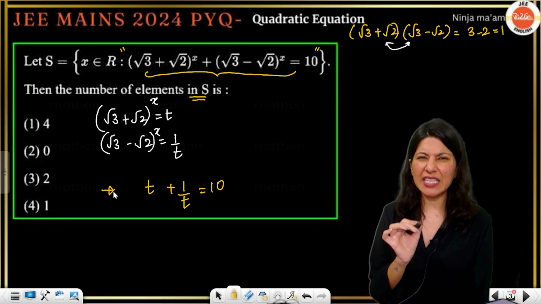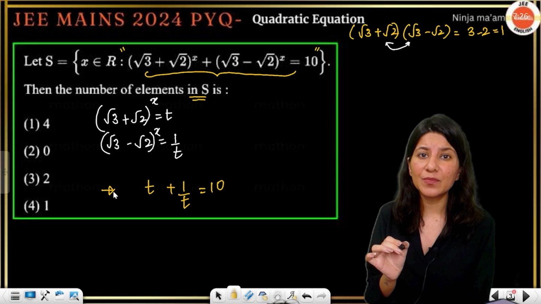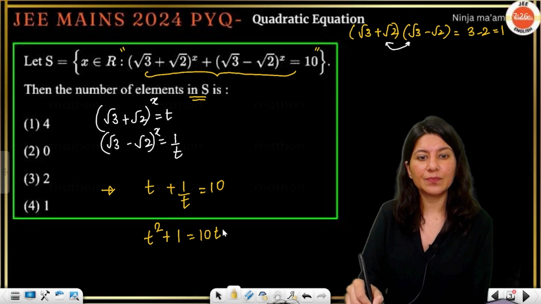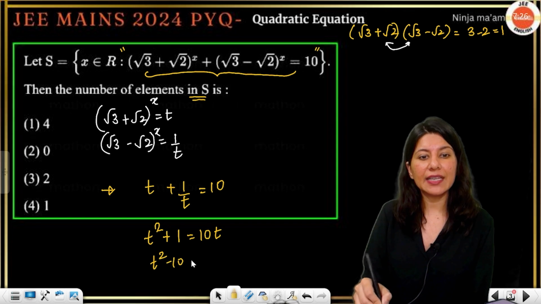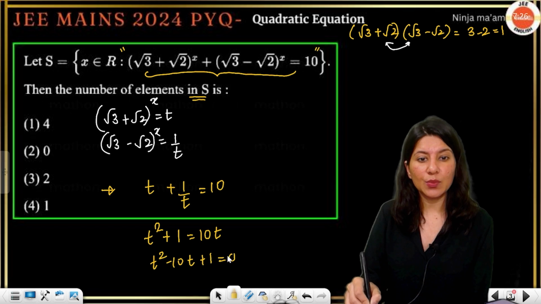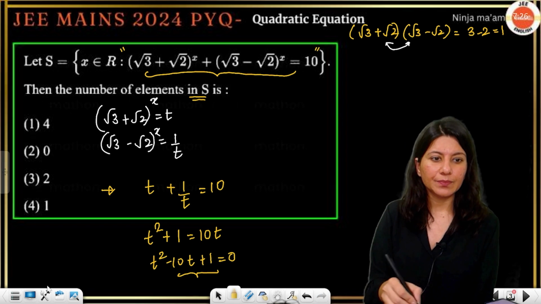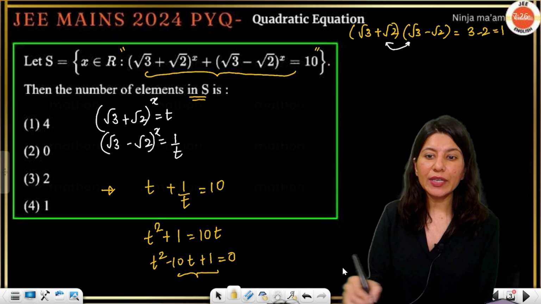Just tell me one thing, is it difficult to solve? What do you think? So this is t square plus 1 equals 10t, t square minus 10t plus 1 equals 0. All right, now let us solve this.